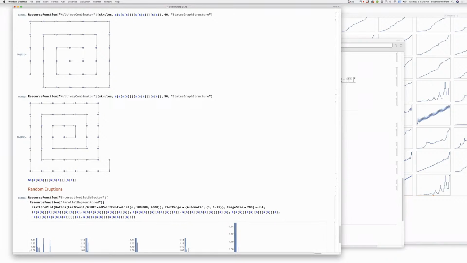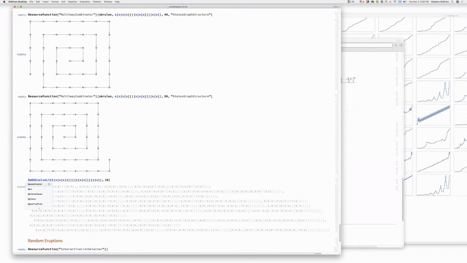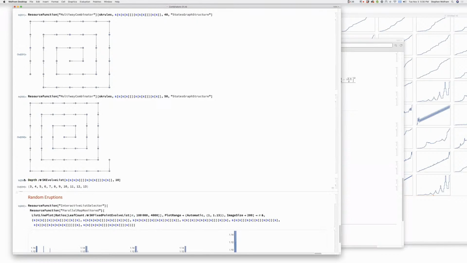Let's try looking at this. So let's try 10 steps, and then, I don't know how to work this out, but actually I'm going to try the following. I'm going to say, what depth does it have? Well, that's very interesting. Okay, I'm about to learn what this is doing. Okay, so this is the depth.